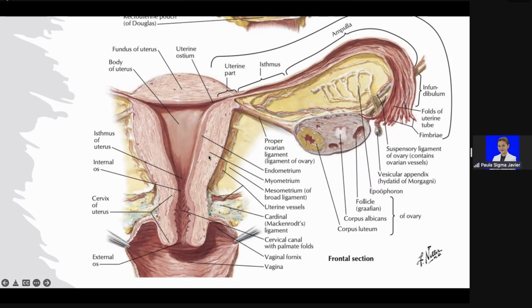What else? The different layers of the uterus: the parametrium we can't really see anymore, myometrium and the endometrium. Okay, so here another support for the cervix is your cardinal ligament of Mackenrodt.